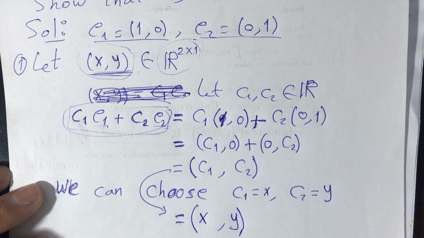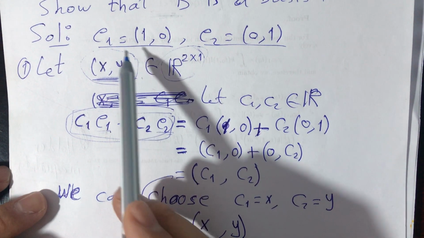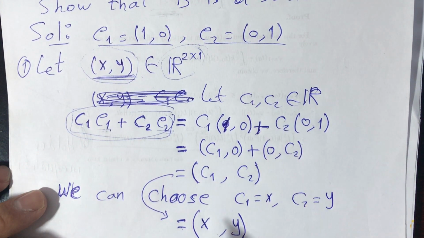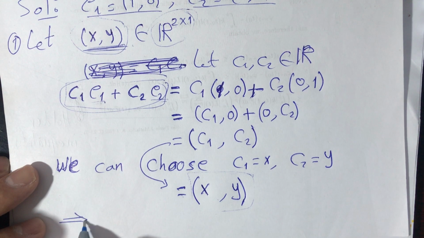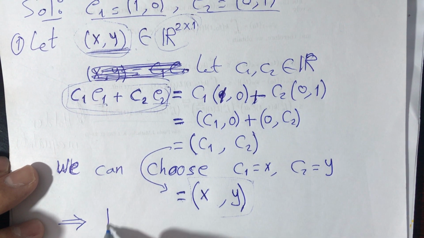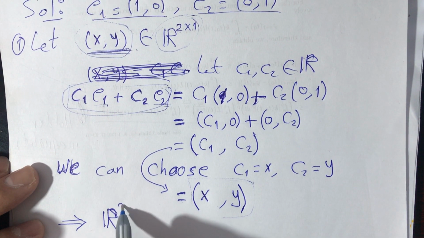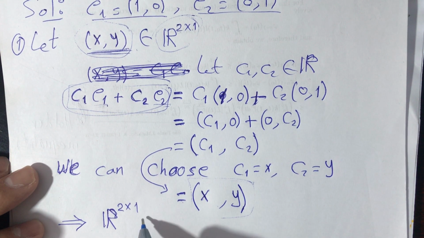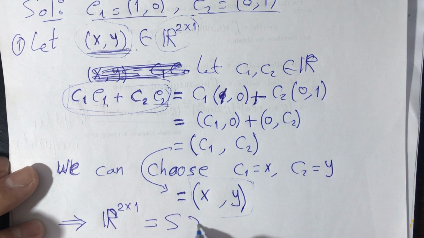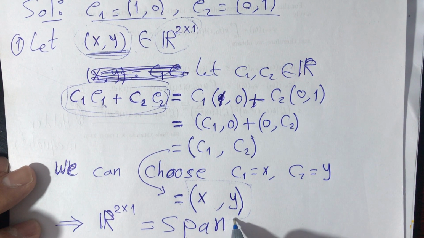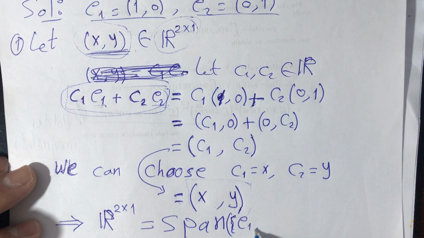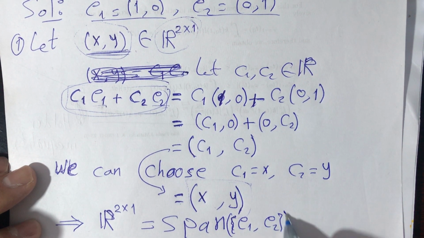That means these two vectors, E1 and E2, span all values in R2 times 1. This implies R2 times 1 is equal to span of E1 and E2, this set.